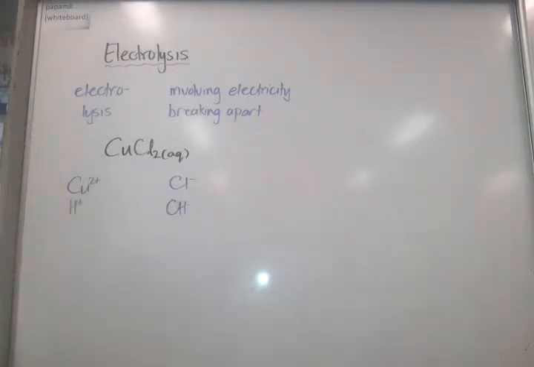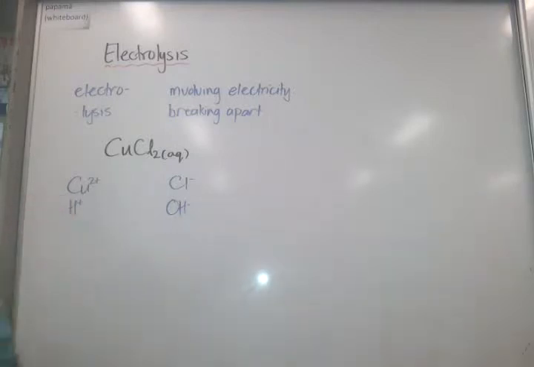What we're going to be doing is using electricity to turn this aqueous solution into its elements. So by causing redox to occur, we can affect a couple of the things in this. If we look at what can happen with copper, copper can go to 1+ or it can go to its element. We're going to give it so much energy that it'll go all the way to its element.